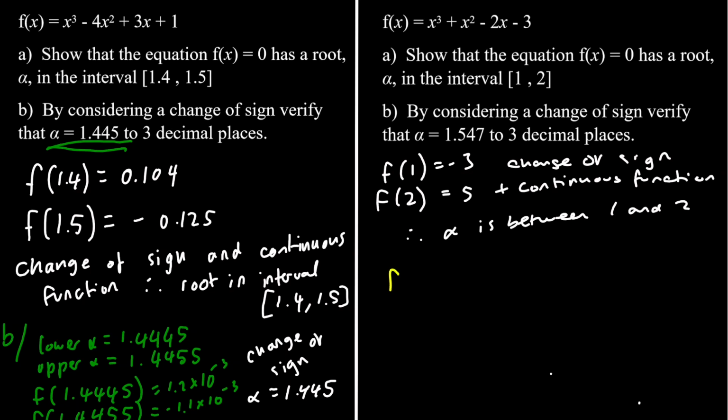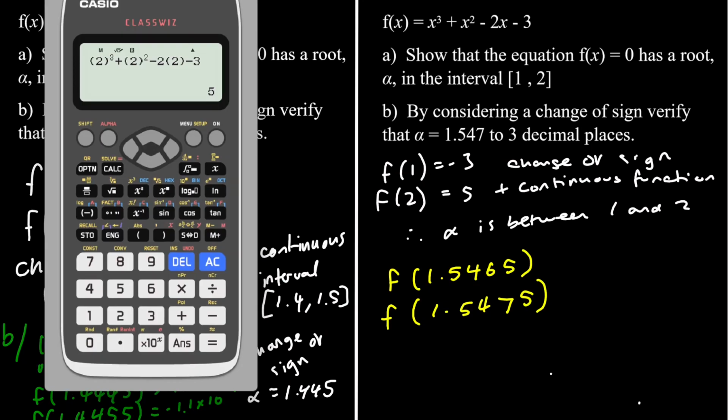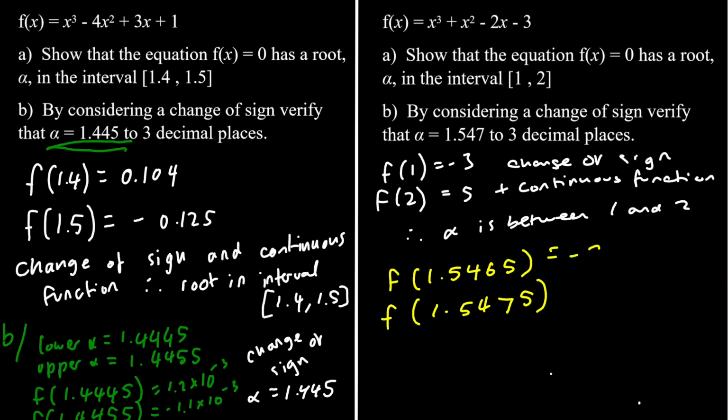So for part B, we're going to do f of 1.5465 and f of 1.5475. So the lower bound and the upper bound. So we get a negative for the first one, negative 2.6 times 10 to the power of negative 3.